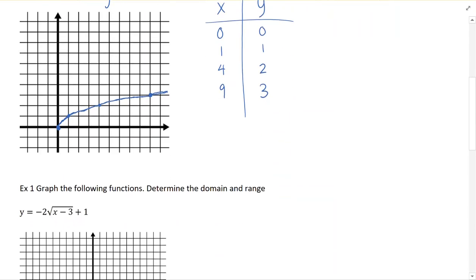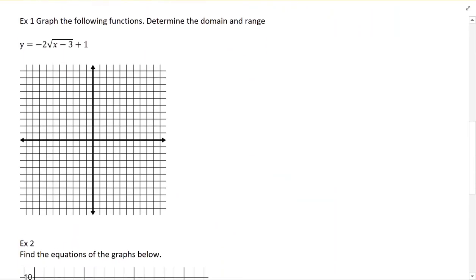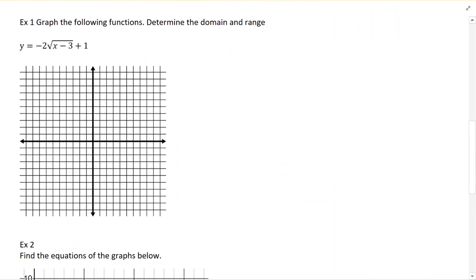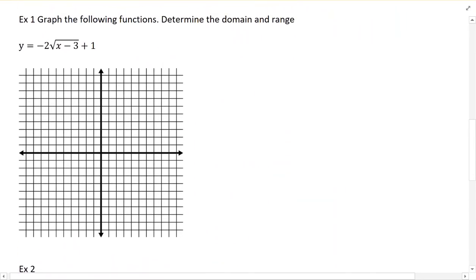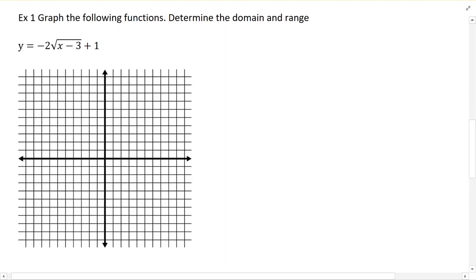Okay, so let's look at our first example here. I'm just going to zoom in a little bit. This is basically what we've been doing in chapter 1, except we haven't really been graphing square roots until now. First of all, remember our base, I'm going to write on the side here, base is y equals root x.